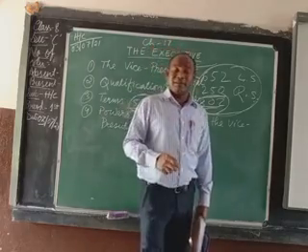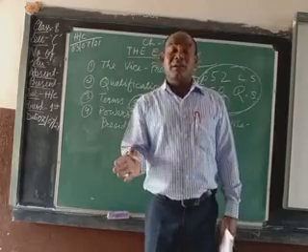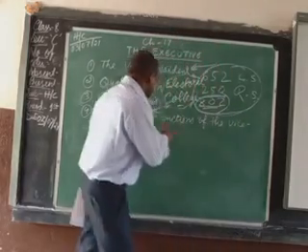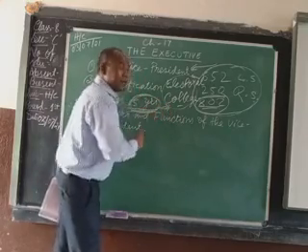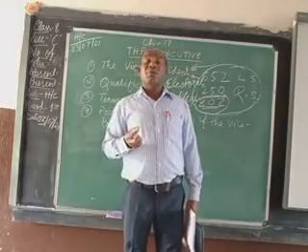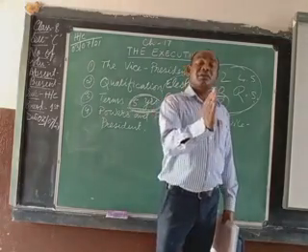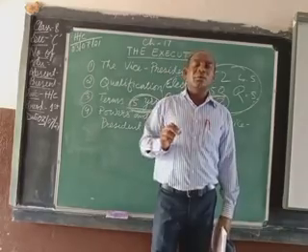Like in the USA, if the post of president is vacant, the vice president immediately becomes president for the remaining term, meaning whatever time is left of the 5 years, for that many days the Vice President of the USA becomes the president of the USA. But in India, it is not such a rule.